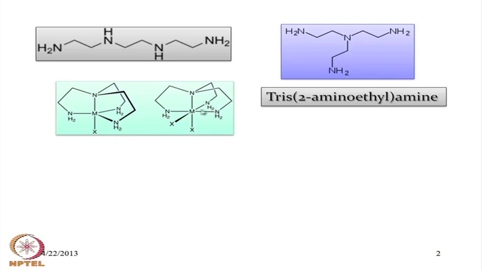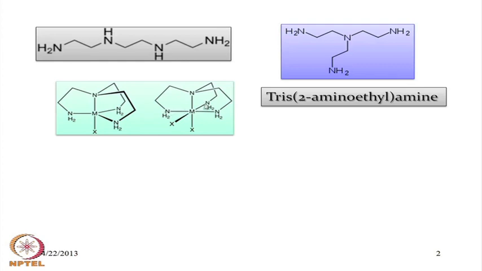So, this geometry has some distortion, because the accommodation of X is required. The NH2-M-NH2 bond angle in this molecule, which was around 120 degrees, is reduced to around 90 degrees for an octahedral geometry.